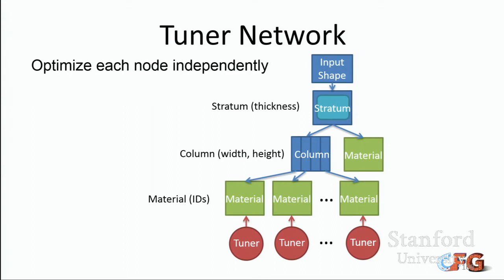We can optimize each node separately, so we can attach a different number of tuners to different nodes, and we can also specify the schedule for these tuners. We can also build whole tuner networks that can share information between the tuners. So we allow communications between these tuners. I would like to show you what kind of things you can do within this system.